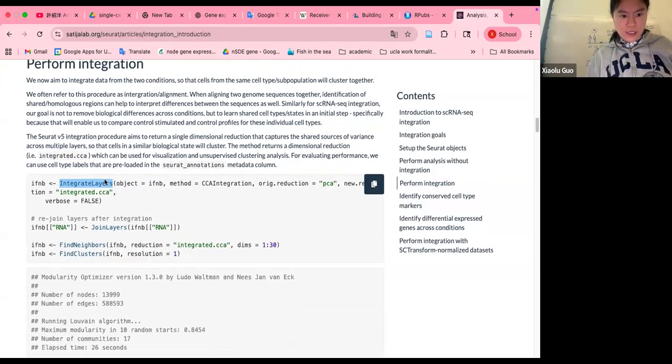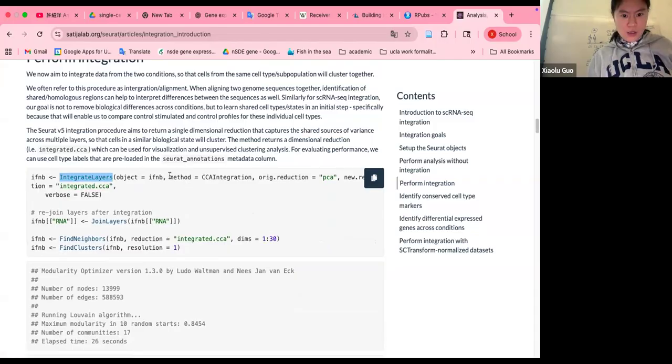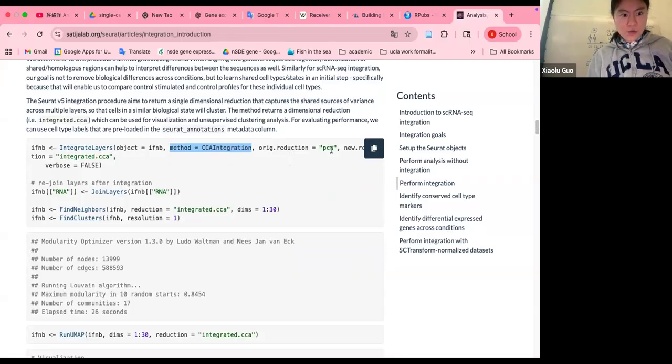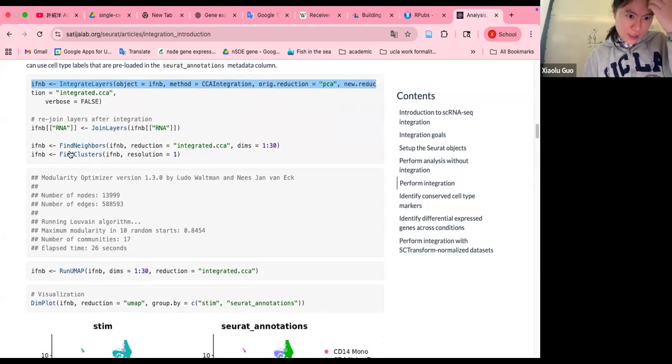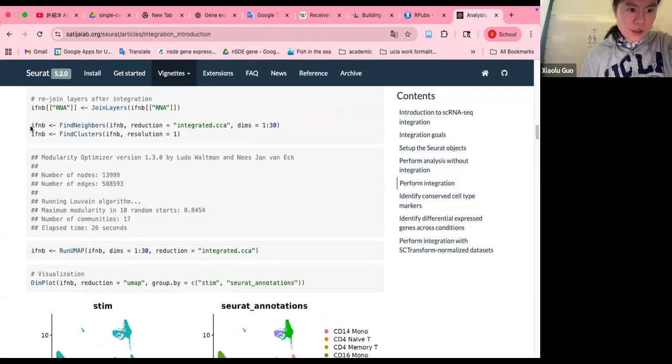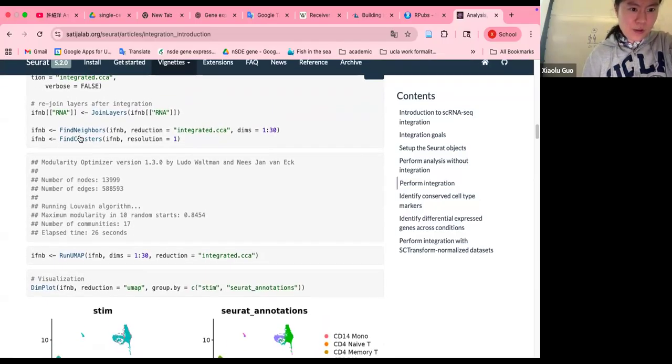And how you do that is you use this function, and the method you can use is the CCA integration. And the reduction is still PCA. And then you assign it to the object. Here is finding the neighbors, and then finding the clusters. This is just joining the data.